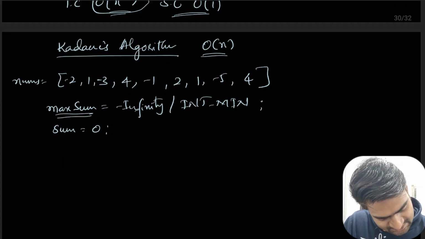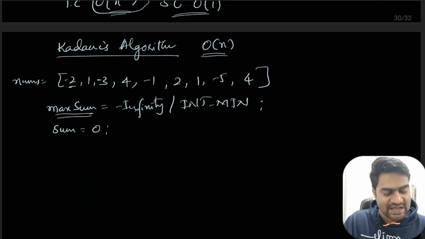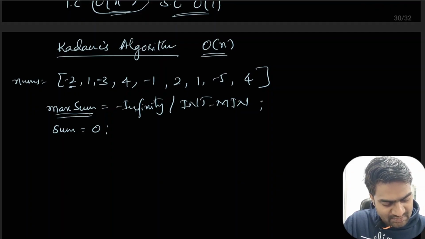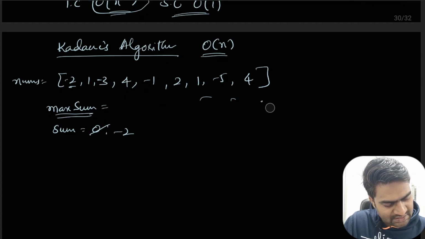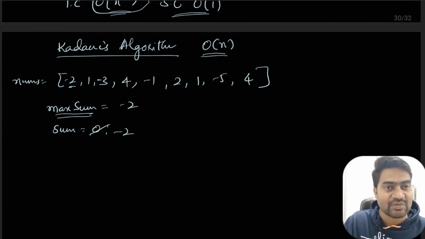Okay, let's see that. Our first number is -2. So sum plus -2, sum is 0, 0 plus -2 is -2. So this becomes -2. Now our maximum sum gets updated with -2 because -2 is greater than our minus infinity or int minimum value.